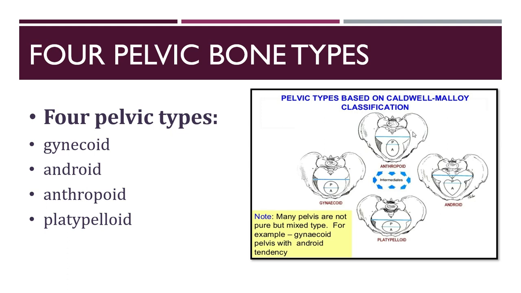So there are these basic 4 pelvic bony types. And many older gynecology and obstetrical texts, particularly obstetrical, wax eloquent about the importance of knowing how this woman's pelvis is shaped. Is it anthropoid? Is it android, platypoid, or gynecoid? And those are certainly types.